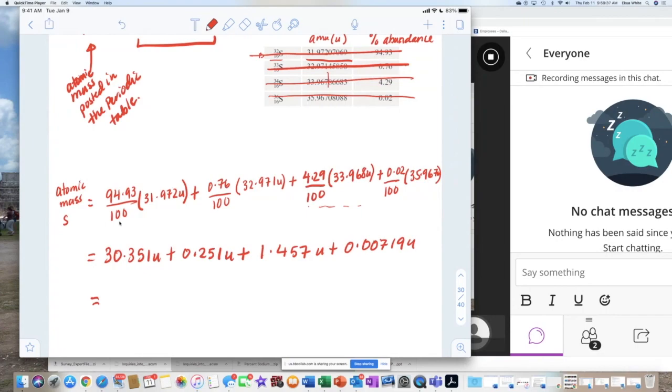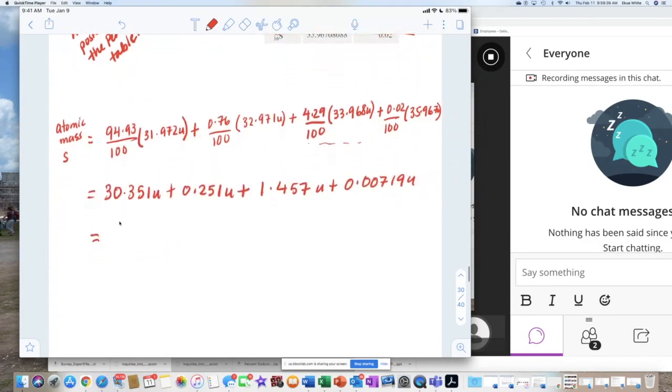Okay, so now I'm going to add all of these, and my goal is to get the mass that we see in the periodic table. So I'm going to draw the atomic symbol so y'all can see the mass I get, how that compares to the periodic table mass. So I'm adding the last number to 1.457. I'm kind of working from right to left, plus 0.251 plus 30.351.